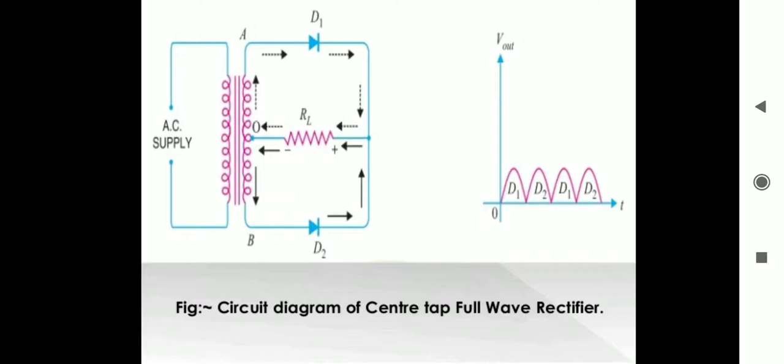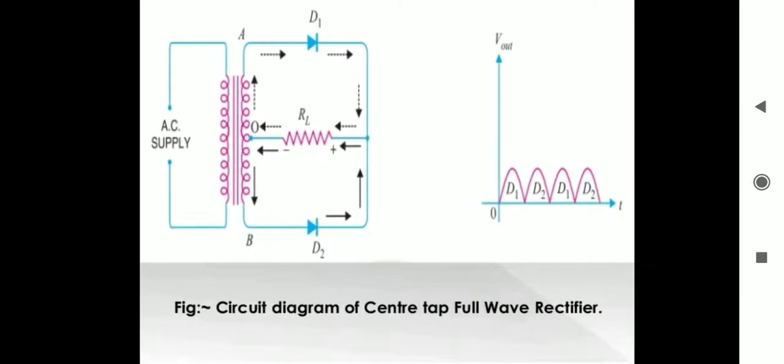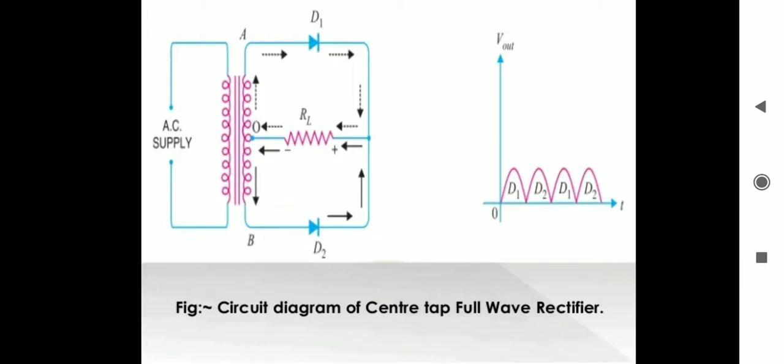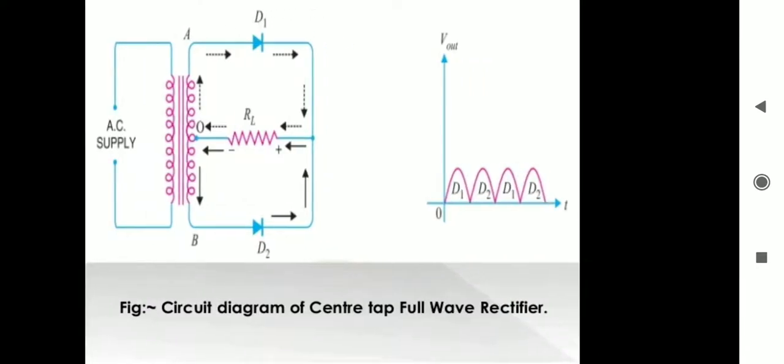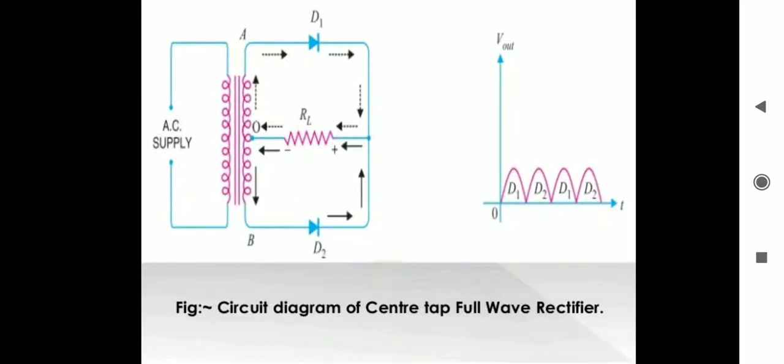Circuits which convert alternating current AC into direct current DC are known as rectifiers. If such a rectifier rectifies both the positive and negative half cycles of the AC input alternating waveform, the rectifier is referred to as a full wave rectifier.